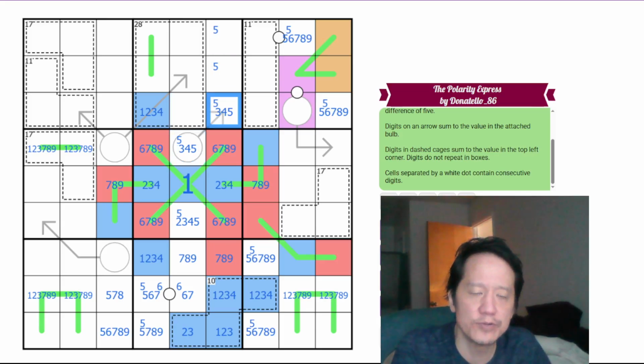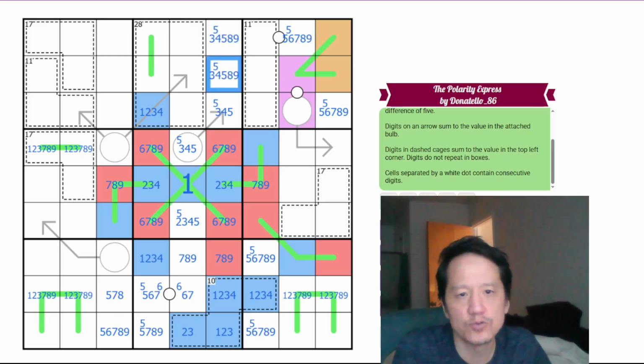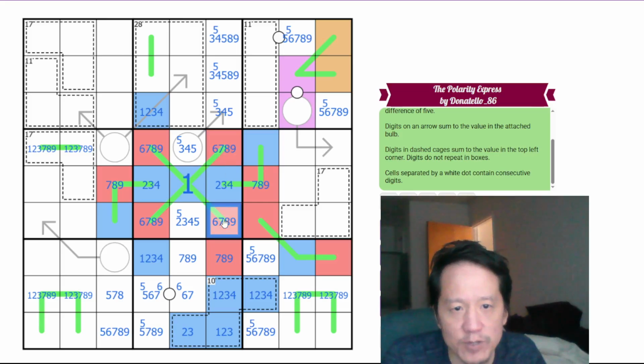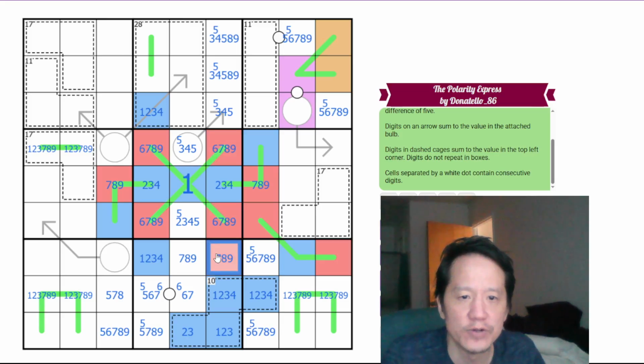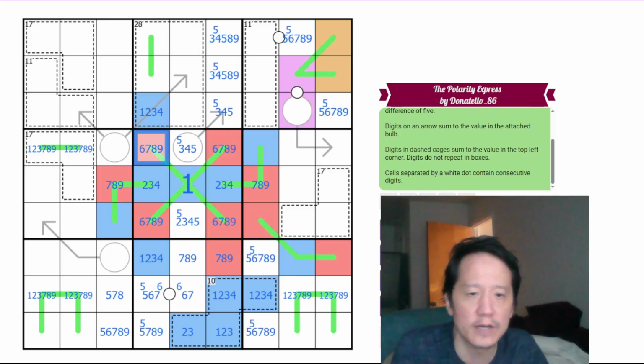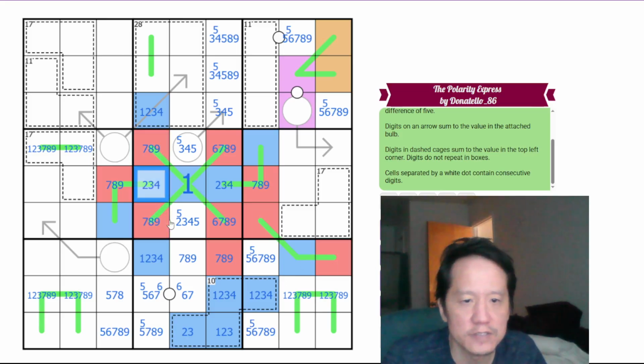This is either 3, 9, or 4, 8 with the 5, to add up to 12. 17 total. 15 here. So 6 has to be one of these two digits, because if it's not 6 here, there is no other place for 6 in column 6. So these cannot be 6. This is a 7, 8, 9 triplet.